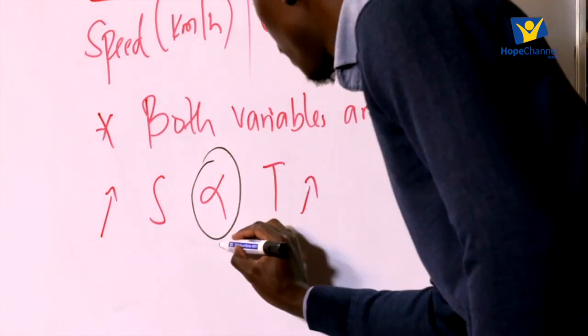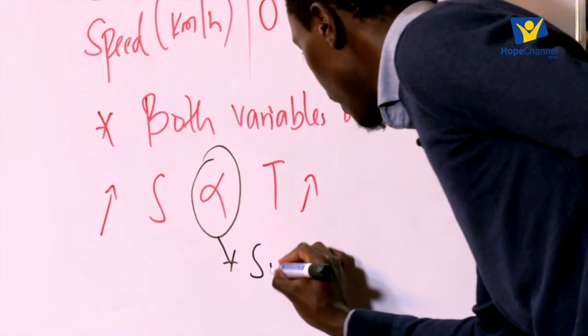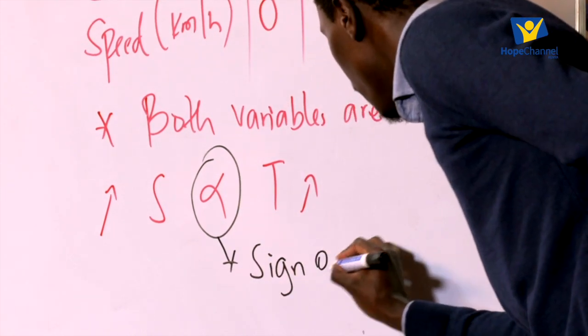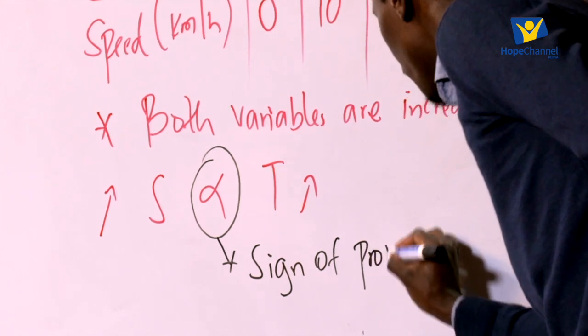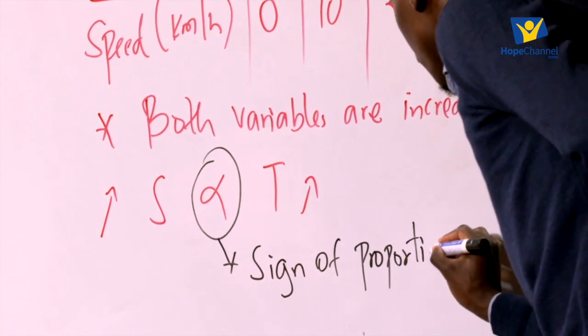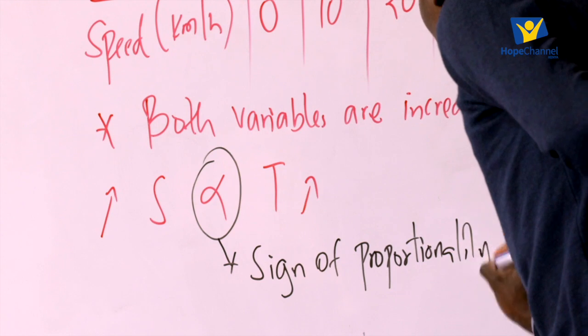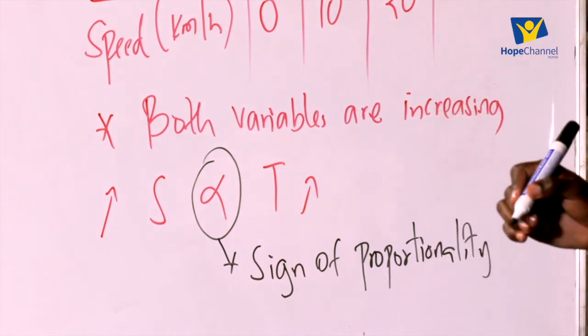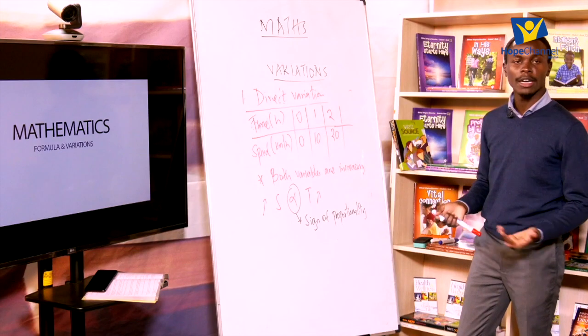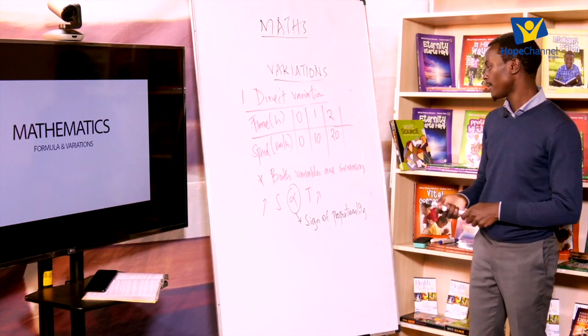This sign here we call the sign of proportionality. The sign of proportionality, which we're now working out, we don't use it because we don't have a value for it.